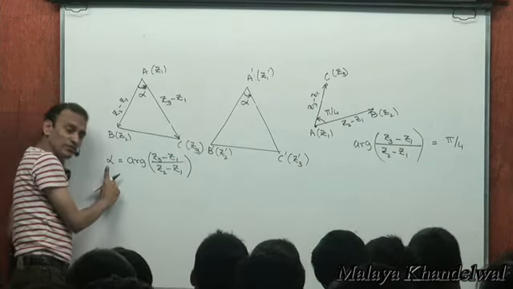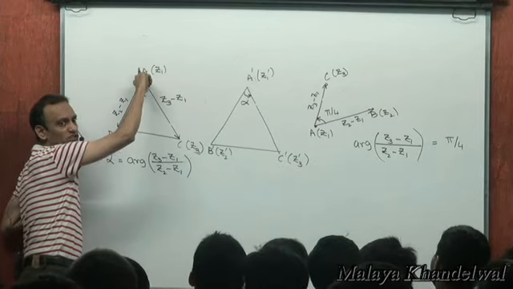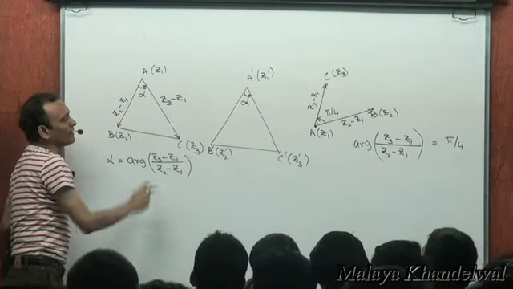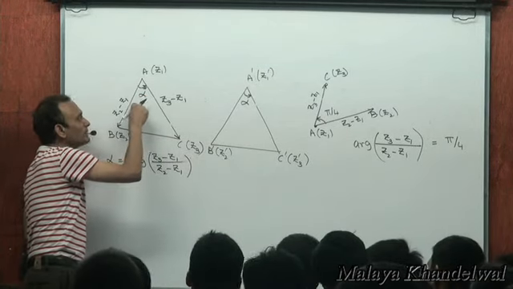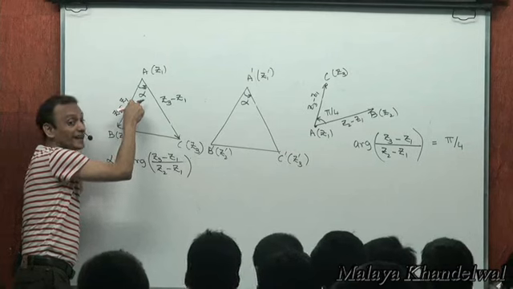Then it will be minus alpha, because this is an anti-clockwise rotation, so alpha. If I said this is rotated so that it coincides with this, then it would be alpha in the clockwise sense, and that will be minus alpha.